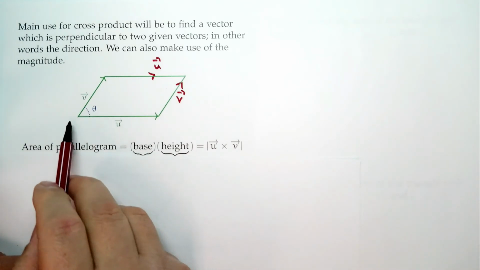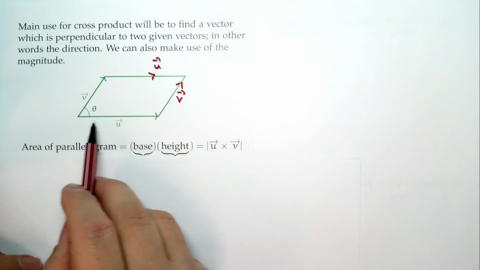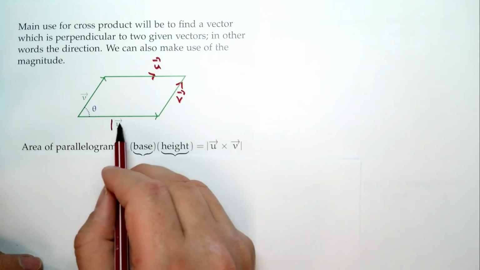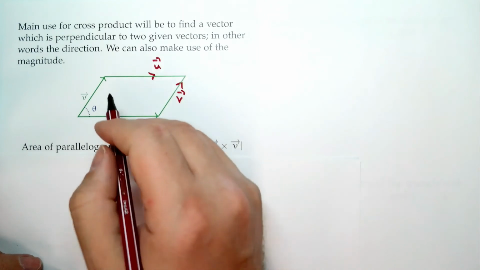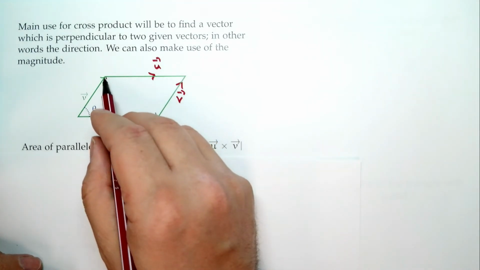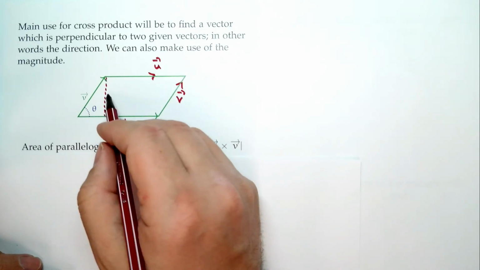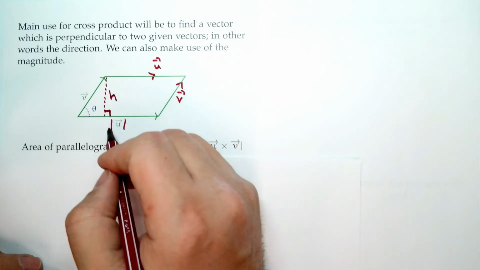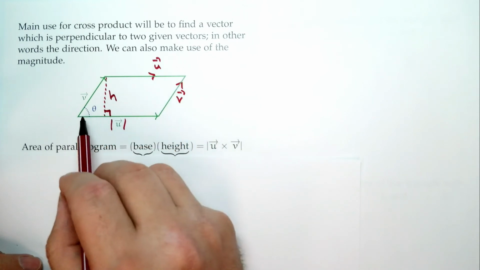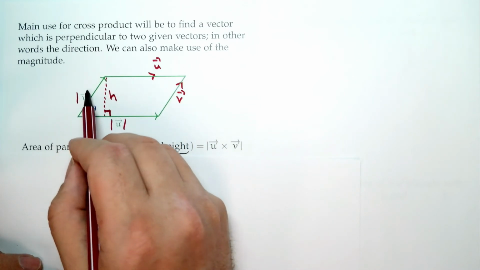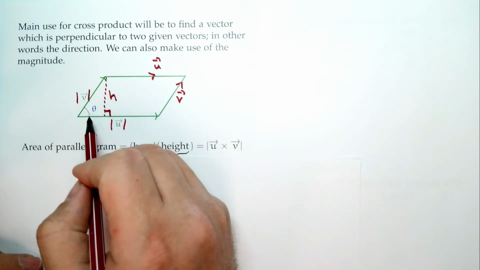Now, if I'm thinking about this picture here, I can think of the base as the length of u. So in other words, I can say it's the magnitude of u. And the height, how do you find that? Well, you drop straight down, forming a right angle, and we'll call that the height. Well, if we look, the height is the opposite side, and the hypotenuse is the magnitude of v.